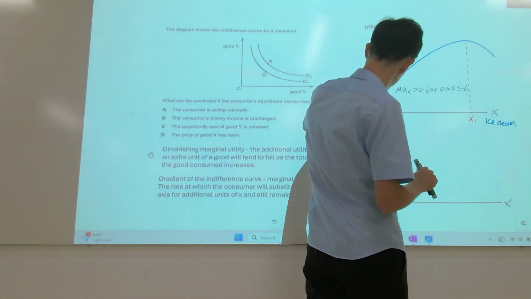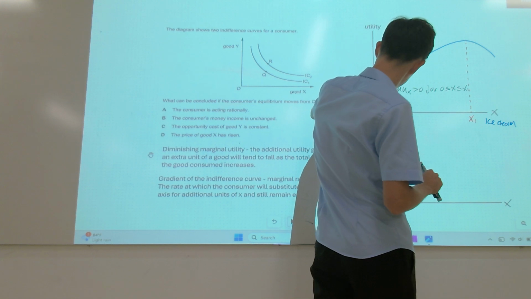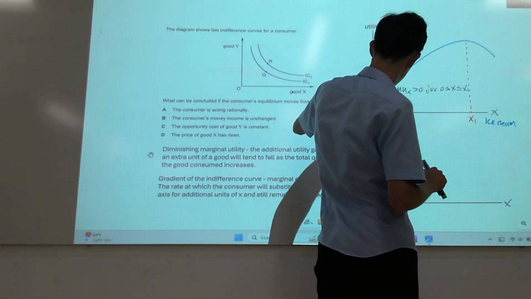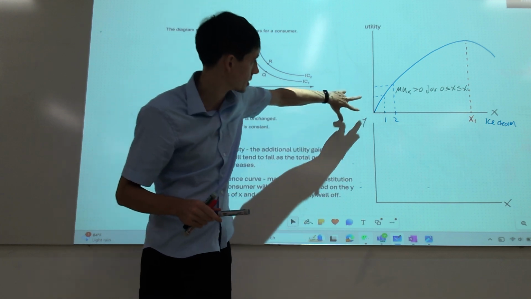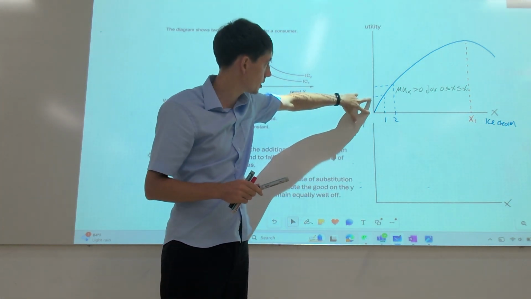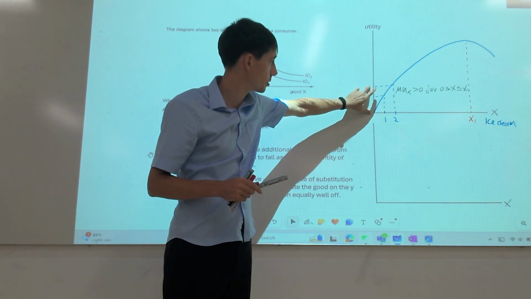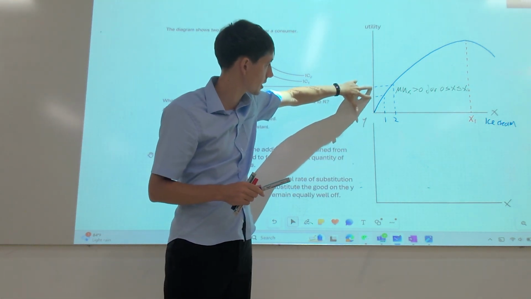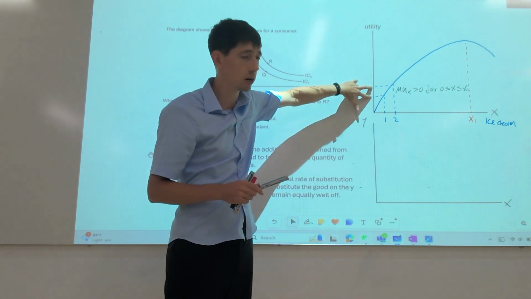So here, the first ice cream gives us this amount of utility. The second ice cream increases our total utility to this amount, but the gain from the second ice cream itself is only this amount.